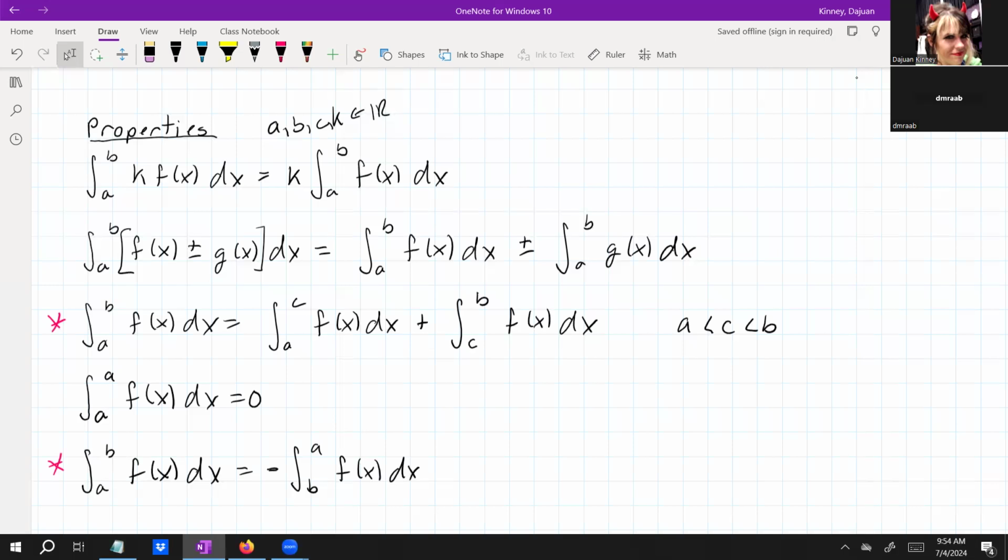And the last piece that's interesting, my last pink star, if we're going from A to B and we switch the limits of integration, so we go from B to A, that's going to make our function negative. So we're not going to worry about that too much, but just know that it's a thing we can deal with.